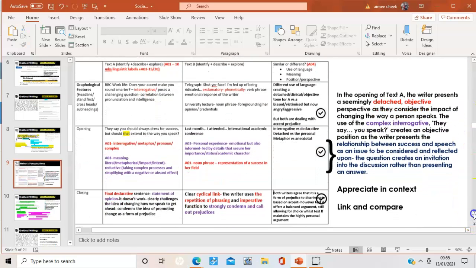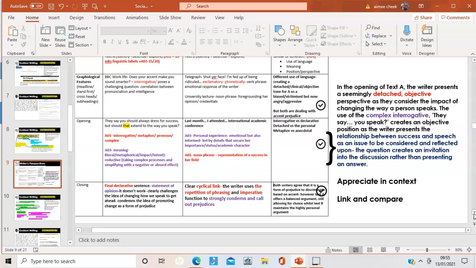In the opening of text A, the writer presents a seemingly detached, objective perspective as they consider the impact of changing the way a person speaks. The use of the complex interrogative, they say, speak, creates an objective position as the writer presents the relationship between success and speech as an issue to be considered and reflected upon. The question creates an invitation into the discussion rather than presenting an answer. Now, if I wanted to be evaluative, I could simply do things like this.